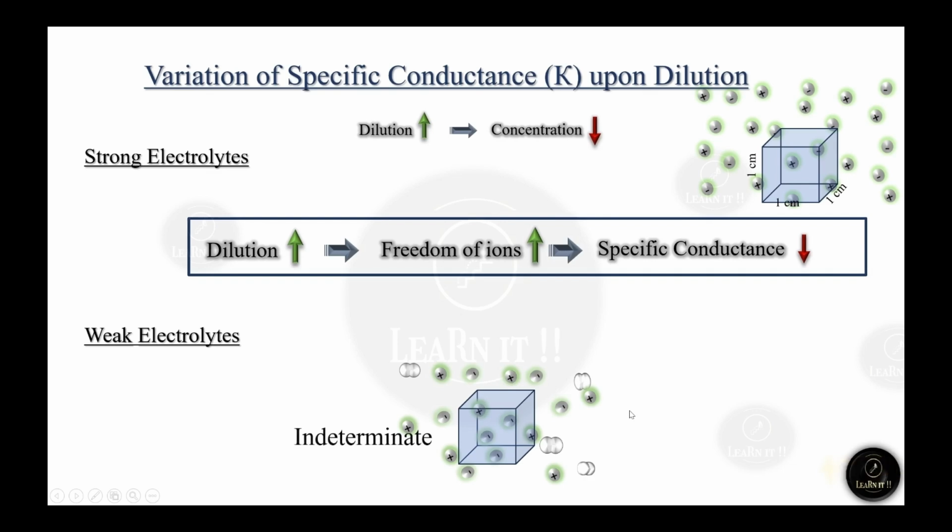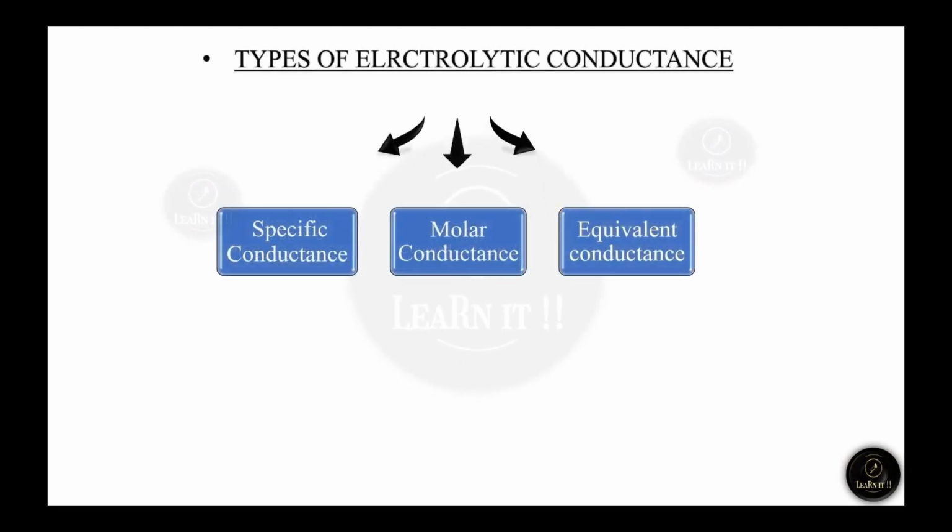So we cannot determine the specific conductance of a weak electrolyte upon dilution. So it is indeterminate. This completes specific conductance.